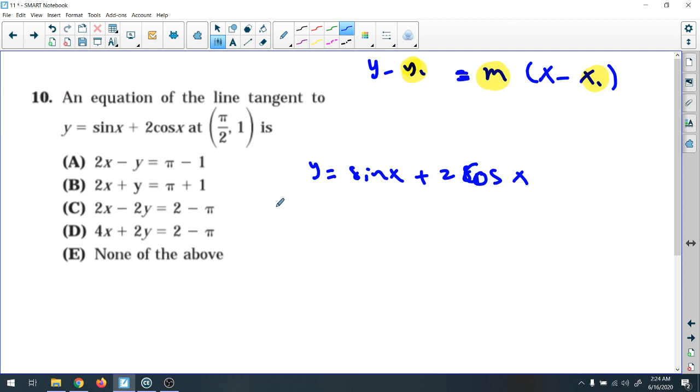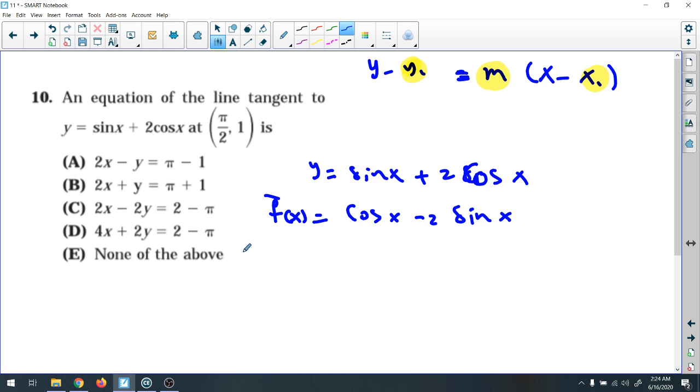The derivative y prime, or f prime of x, equals derivative of sine is cosine, and then derivative of cosine is negative sine, but times 2, it will be negative 2 sine x.